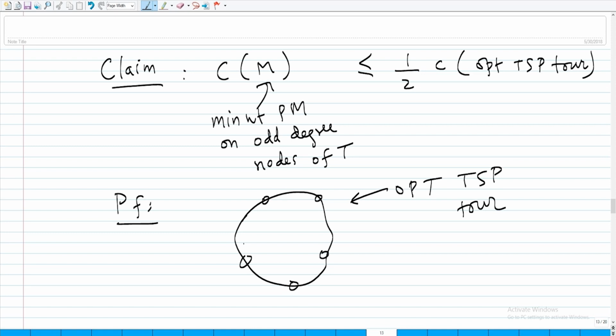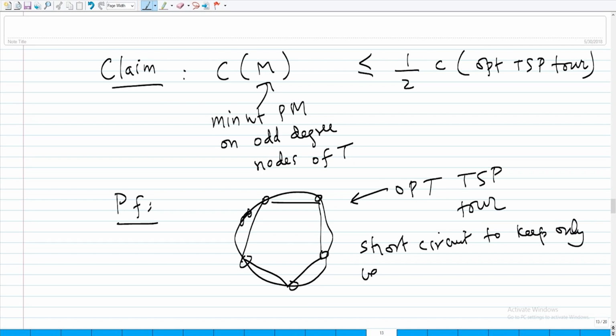I remove every other vertex from this cycle. I do not just remove it, I will actually short circuit. So, what do I do? All these guys are gone, I will directly draw this and look at this. Okay. So, short circuit to keep only vertices of O, the odd degree nodes of T, right?